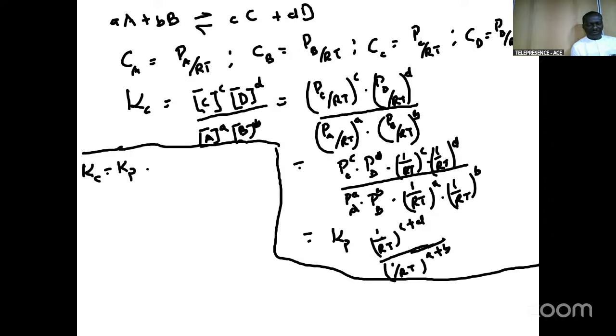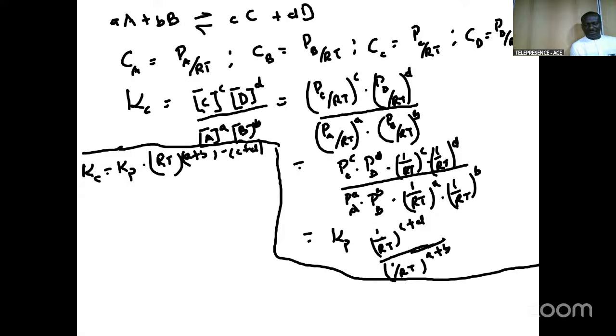This will be multiplied by RT raised to A plus B minus C plus D. I want to believe everybody knows how I have done this.